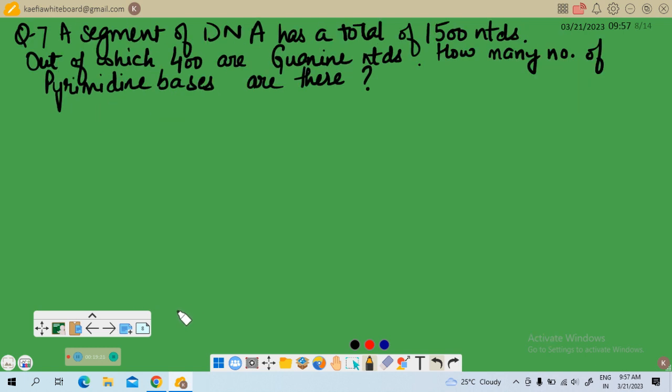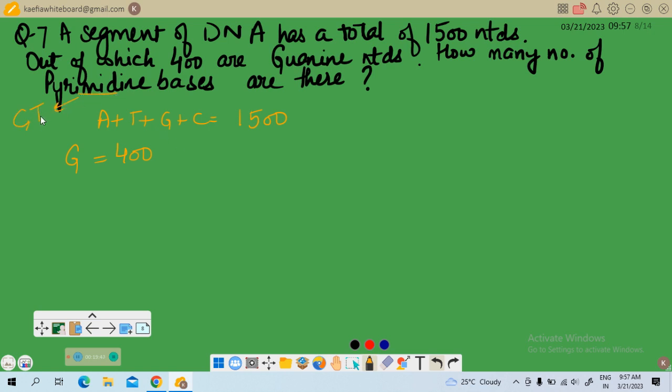A segment of DNA has a total of 1500 nucleotides. So total means A plus T plus G plus C is equal to 1500, out of which 400 are guanine nucleotides. How many pyrimidine bases are there?